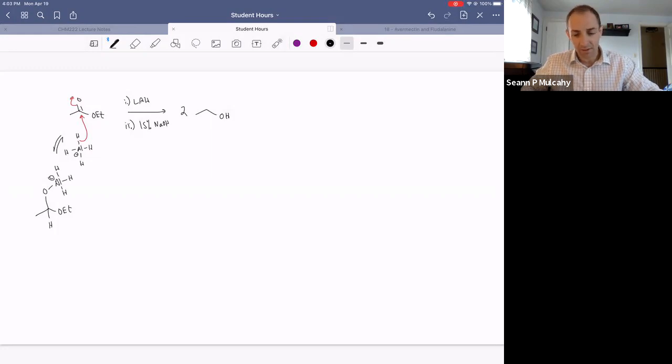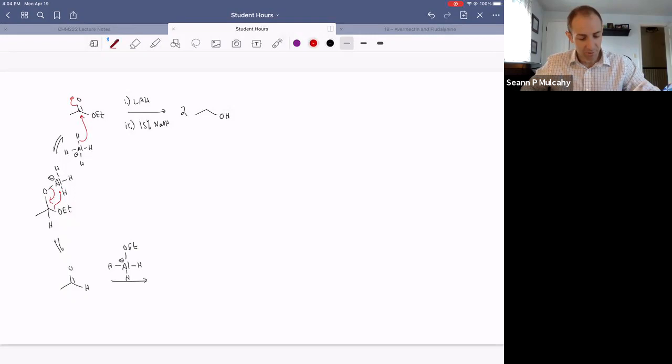Okay, then we get collapse with loss of a leaving group. And in this case, the ethanol is just going to attack the aluminum, excuse me. And then you'll still have an equivalent of hydride available. Okay, so like this.